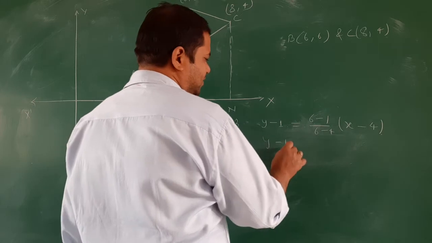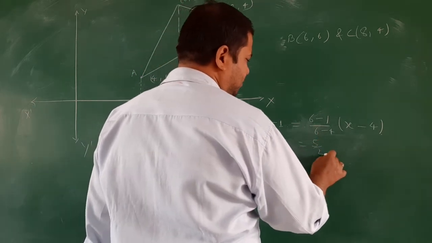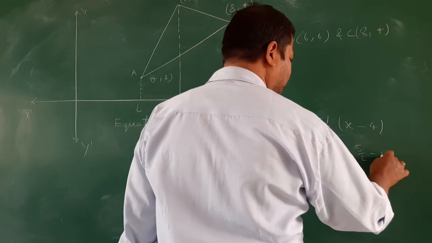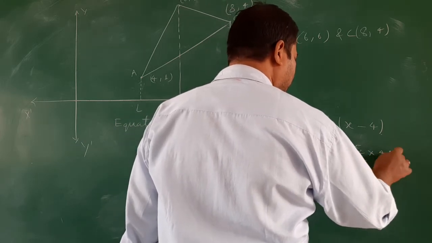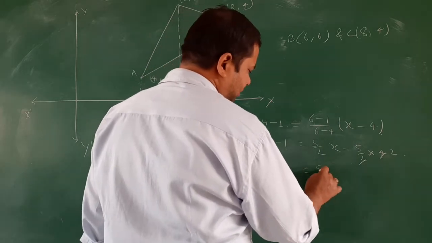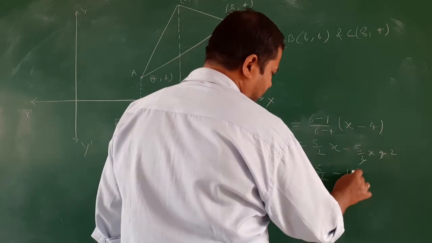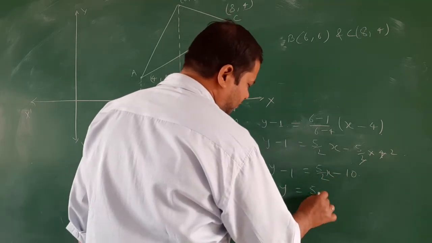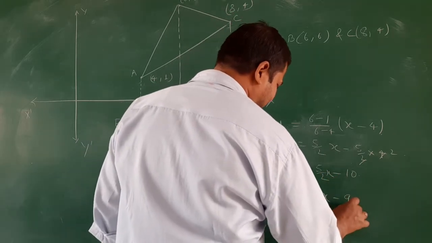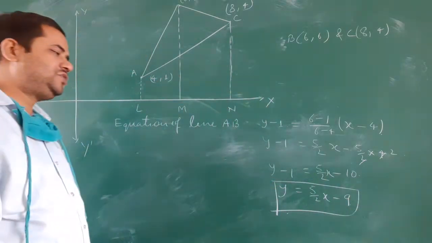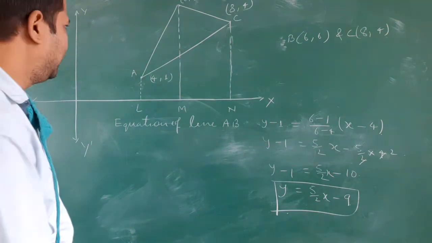So Y minus 1 is equal to 5 by 2 X minus 5 by 2 into 4, that is 10. So Y is nothing but 5 by 2 X minus 9.